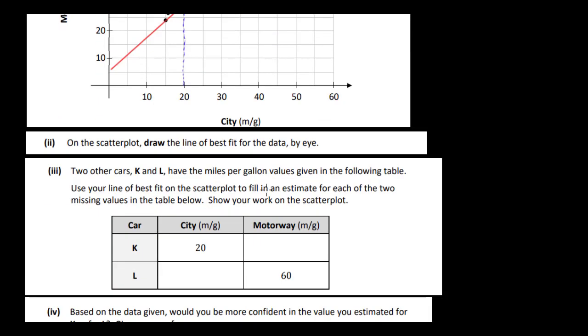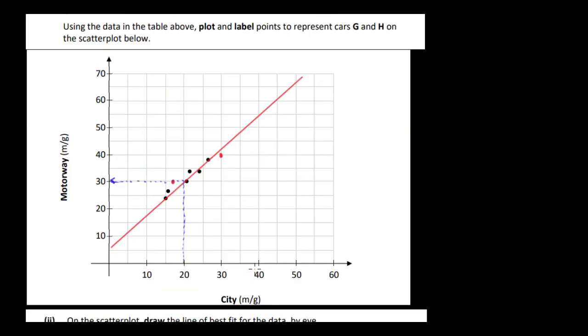So what I'm going to do is maybe do this one in a different color. City is 20, and we're going to come up along here and then across. So I'm going to say it's 30 on the motorway. And then it's 60 on the motorway. What is it in the city? So 60 on the motorway.